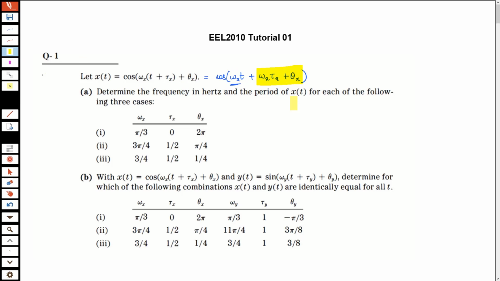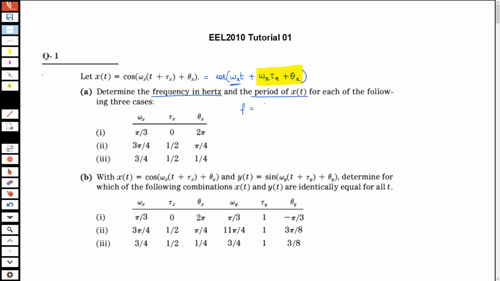We know already that omega_x, this frequency, has got nothing to do with this phase, right? These are independent parameters. So the first question requires us to determine the frequency in hertz and period of x(t) for each of the following cases. So we only need to look at omega_x because actually frequency and time period have got nothing to do with these terms.